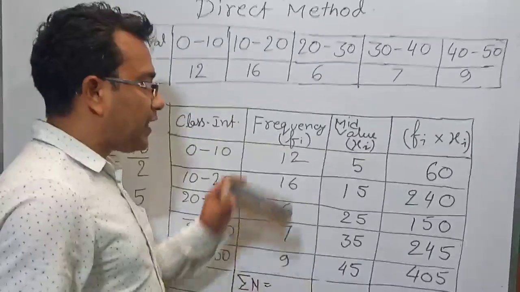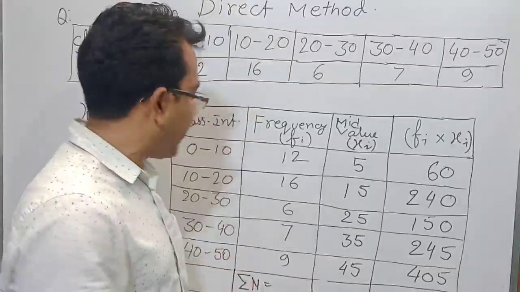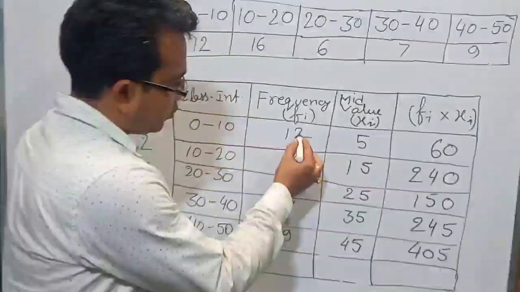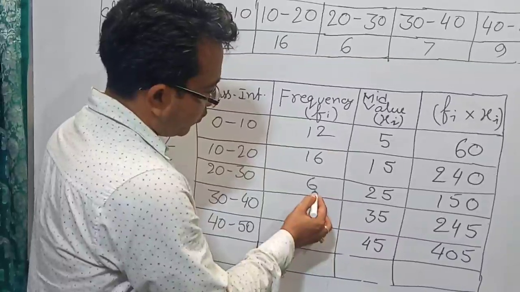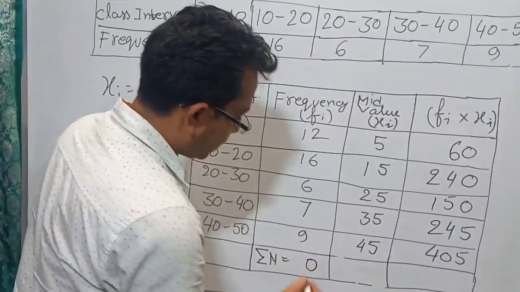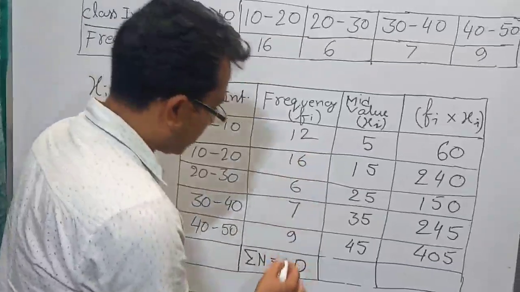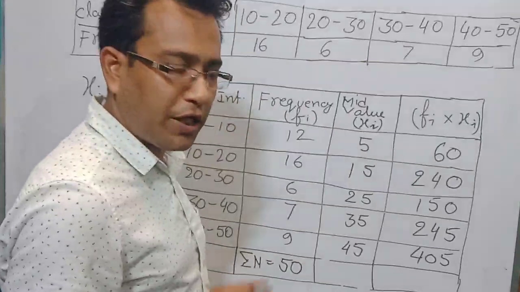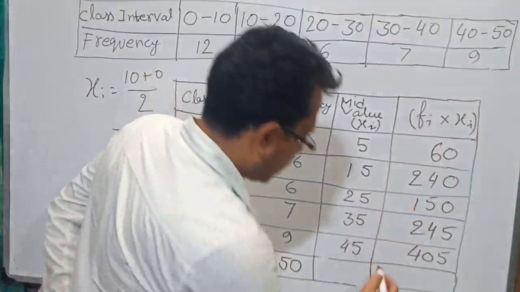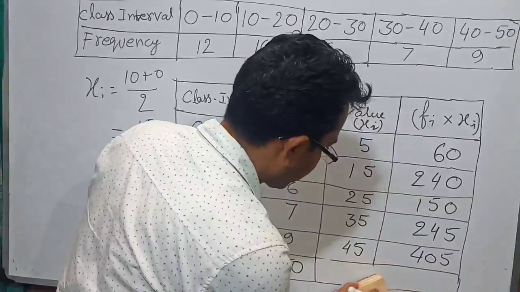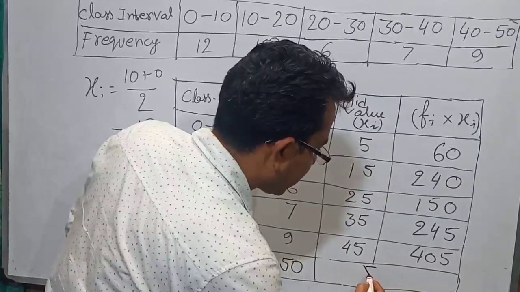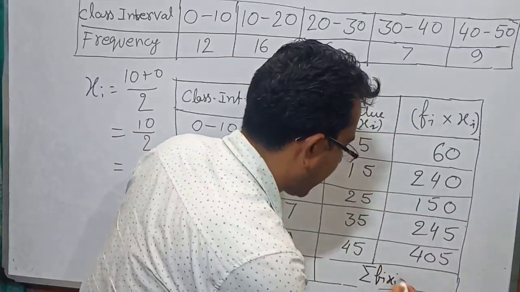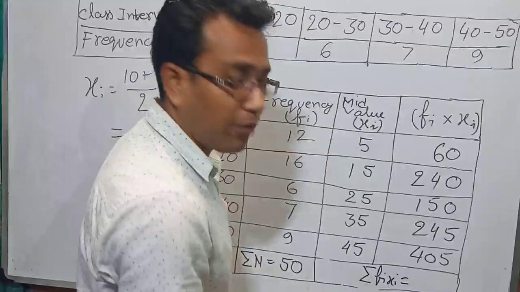Now summation of n, that is the total value of the frequency given in the class intervals, is 50. Then it is known as summation, that means total summation of Fi Xi. Then you have to make the total of this.